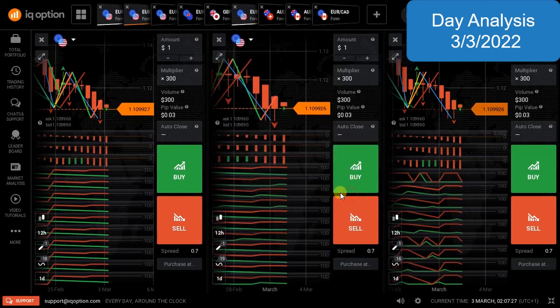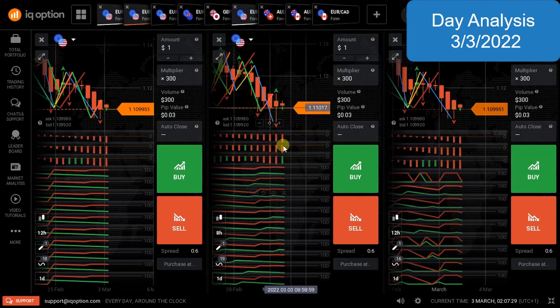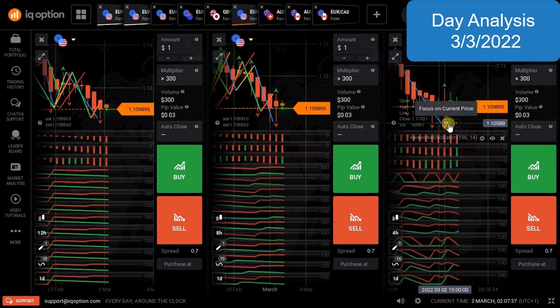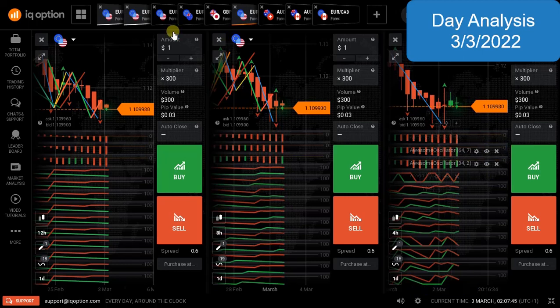You never know, the infiltration has already started. Yes, you can see the infiltration in 8 hours has already started, but hasn't reached 12 hour. Switching to 4 hours, you see, yes, the infiltration has already started in 4 hours. Just like I said, all this infiltration is inviting a green here.